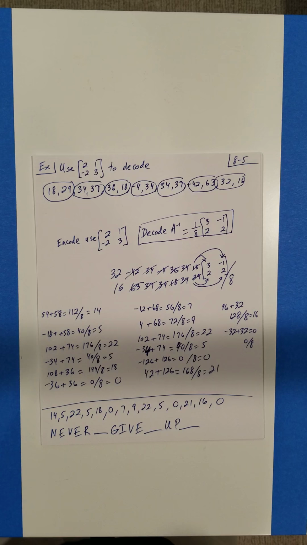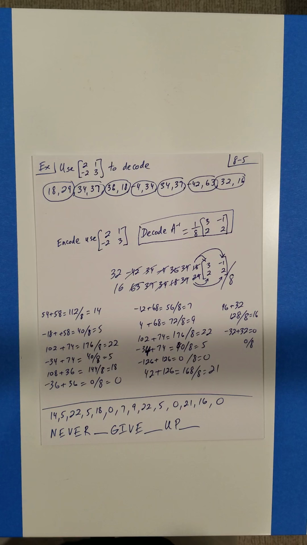The inverse of this is going to be 1 over 8, flip and flop. So 3 2, switch the locations, and then negative 1 and 2, we change these signs. In order to decode what this says, I'm going to have to use this one right here.